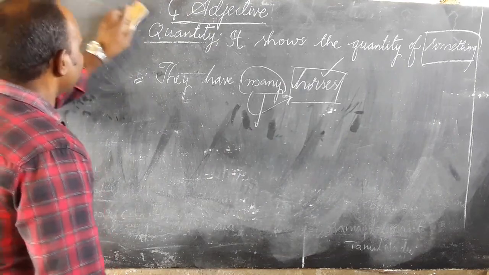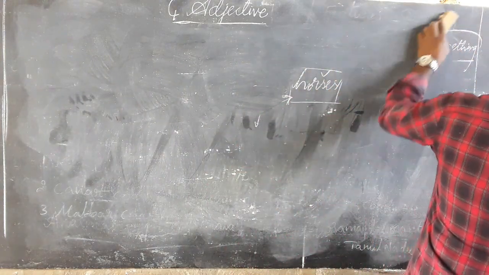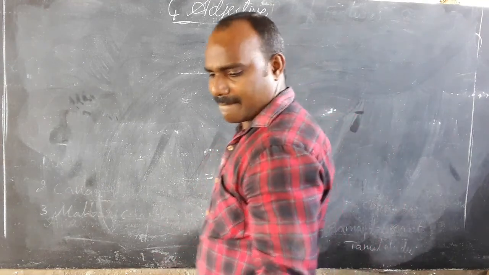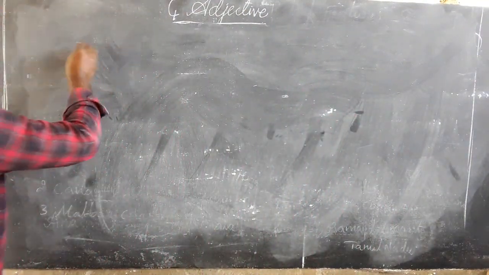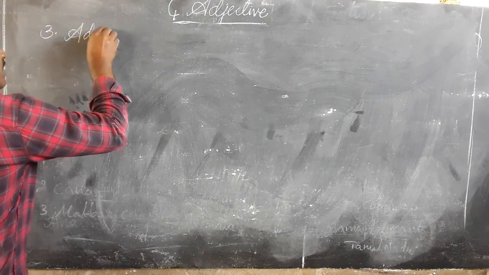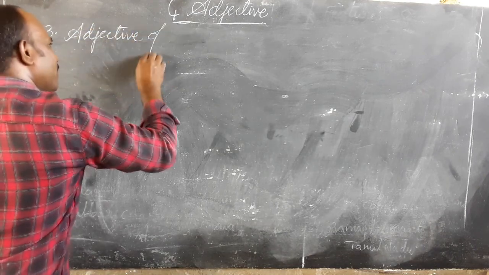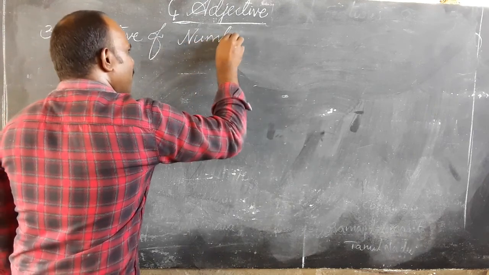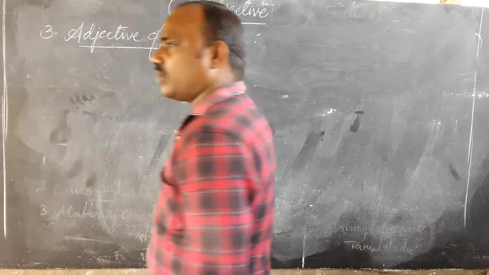And we'll see third one. Third one, adjective of number. See, adjective of number.